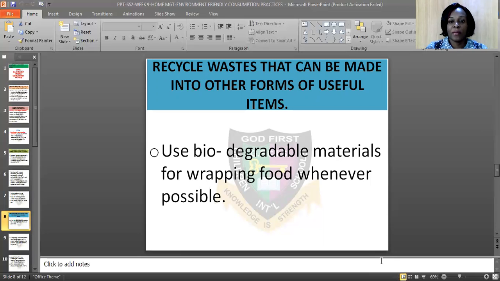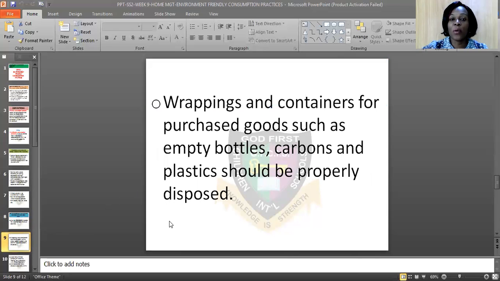It is important. Now, wrapping and containers for purchased goods, such as empty bottles, carbon, and plastic, should be properly disposed of, just like what I said.